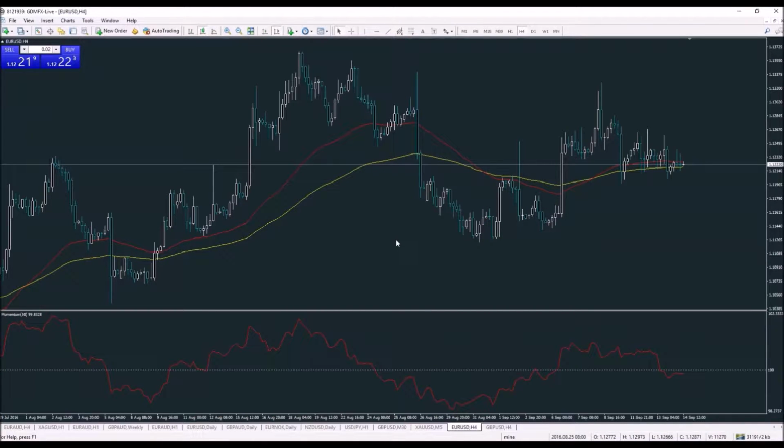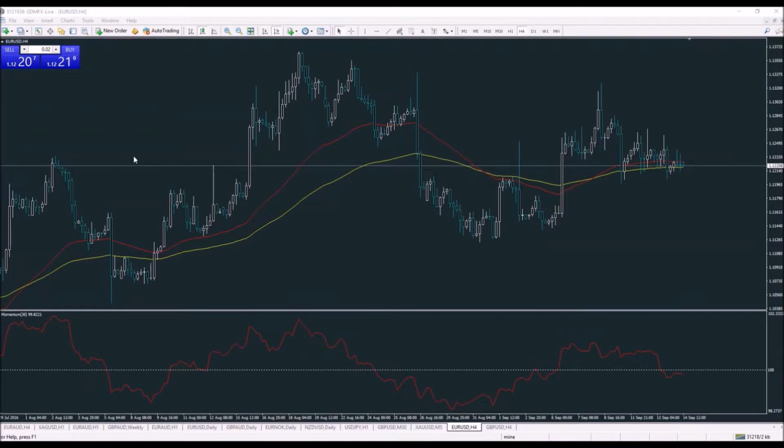What we'll be looking for at this stage is not the crossover between the two moving averages, but basically the side on which the price is, in the direction of the curve on the moving average.